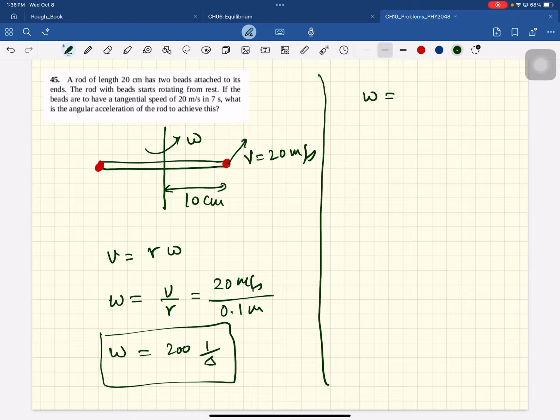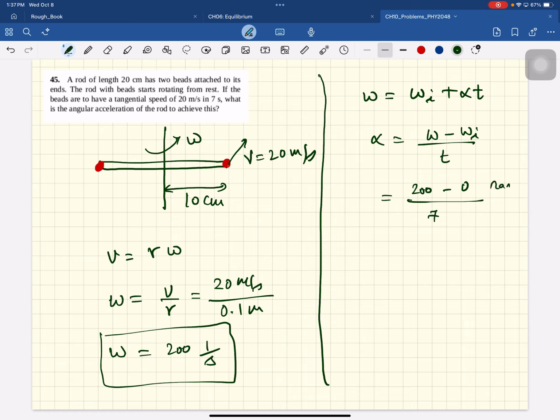So now we go to this formula, and so the angular acceleration would be omega final minus omega initial divided by t. Omega final is 200 radians per second minus 0. Initial angular speed was 0 radians per second, and all this happened in 7 seconds.